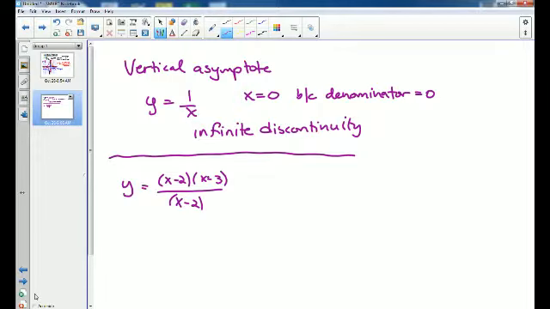At 2, correct? But what does it also do to the top? It also makes the top 0. Okay. So if an x value makes the bottom and the top 0, this is a point discontinuity. Okay. So this is what we call a point discontinuity.